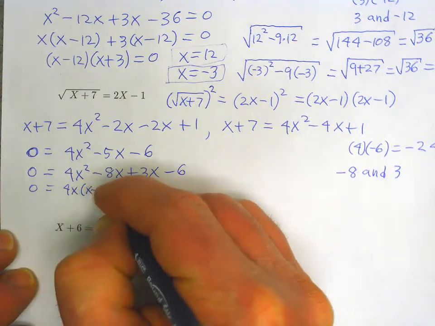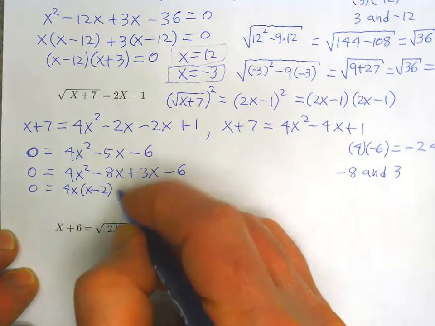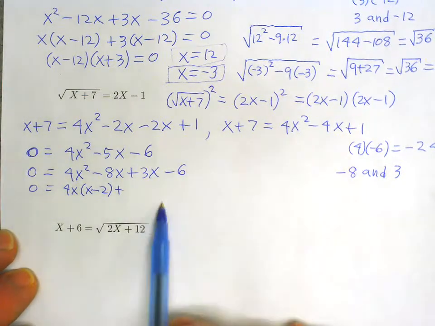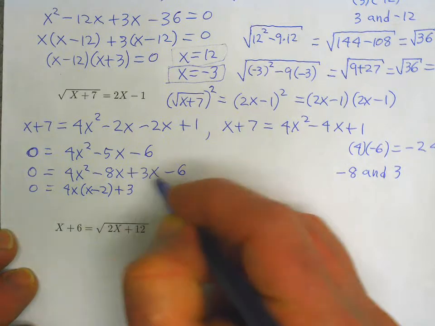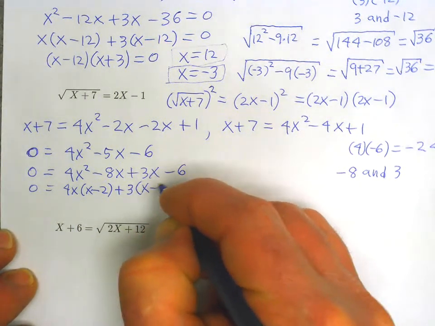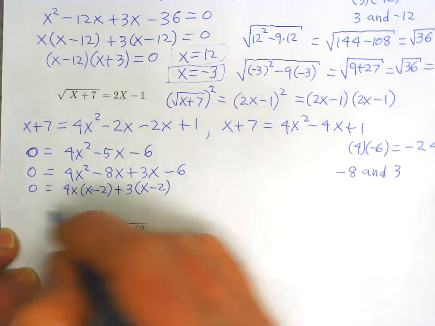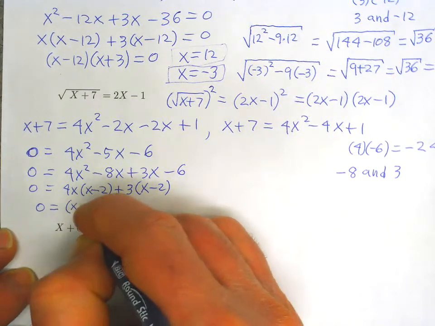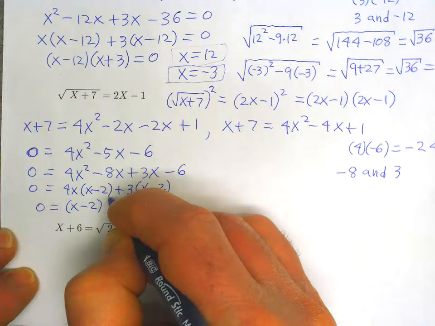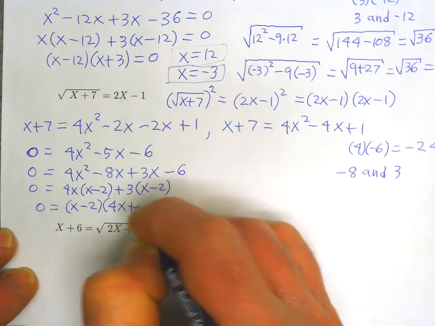And the other factor is x minus 2. Bring down the middle operator of addition. Out of the third and fourth terms, we can factor out 3. And the other factor is x minus 2. And so the factorization is x minus 2 times 4x plus 3.